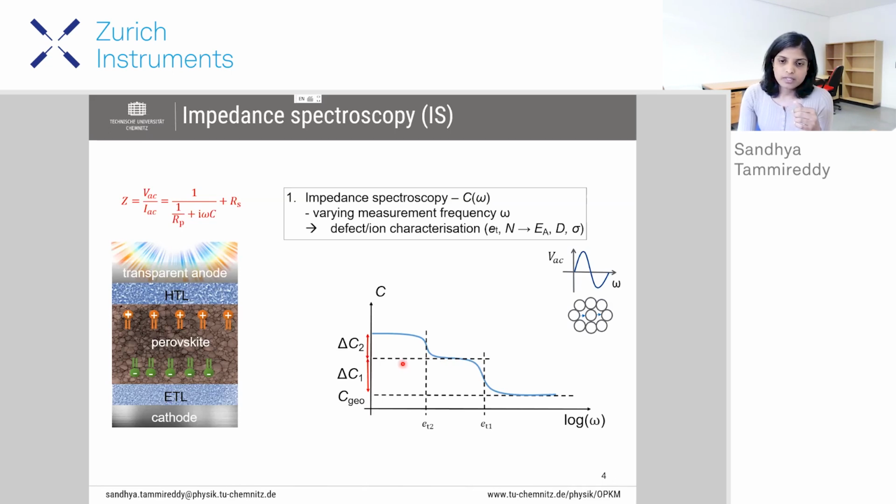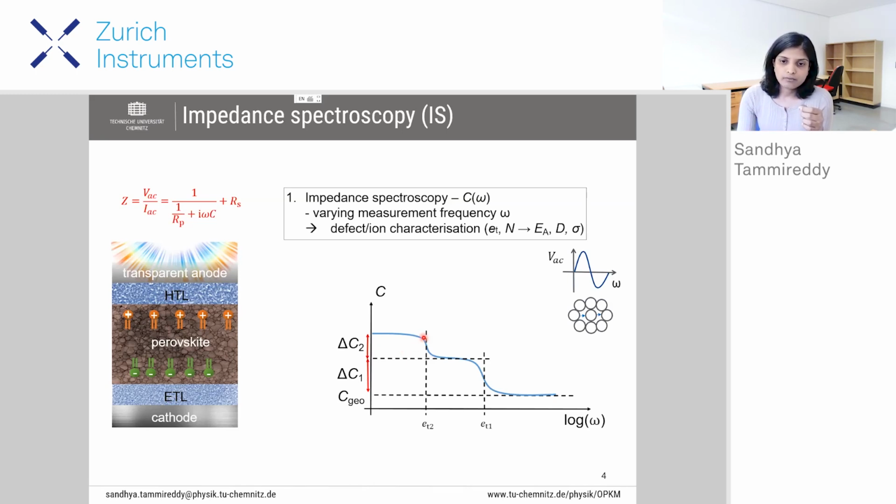When you go on decreasing the frequency, the slowest among them will move, and you will see a corresponding capacitance step. So at the end of the day, when you look at the capacitance spectrum, each capacitance step would indicate one ionic species, a specific ionic defect. It will provide you the information containing one specific ionic defect.